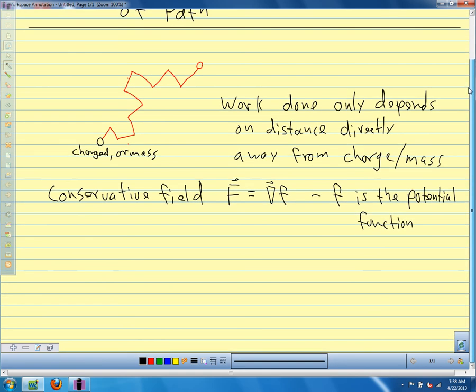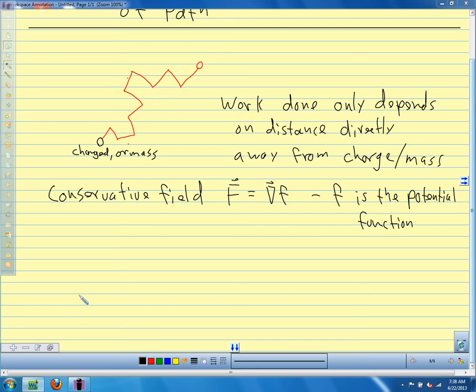So if we have a conservative field, the line integral over some path in that conservative field only depends on the initial point and the end point. That's going to be our big idea for today, and we'll talk about why this works mathematically rather than just conceptually in just a second.